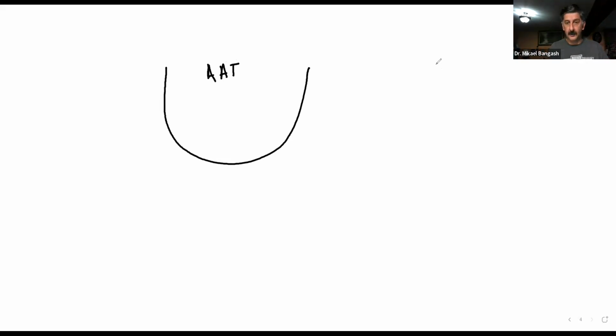Now, if we compare this to what we did yesterday, the mechanical transducer, where we only got one single PCT.